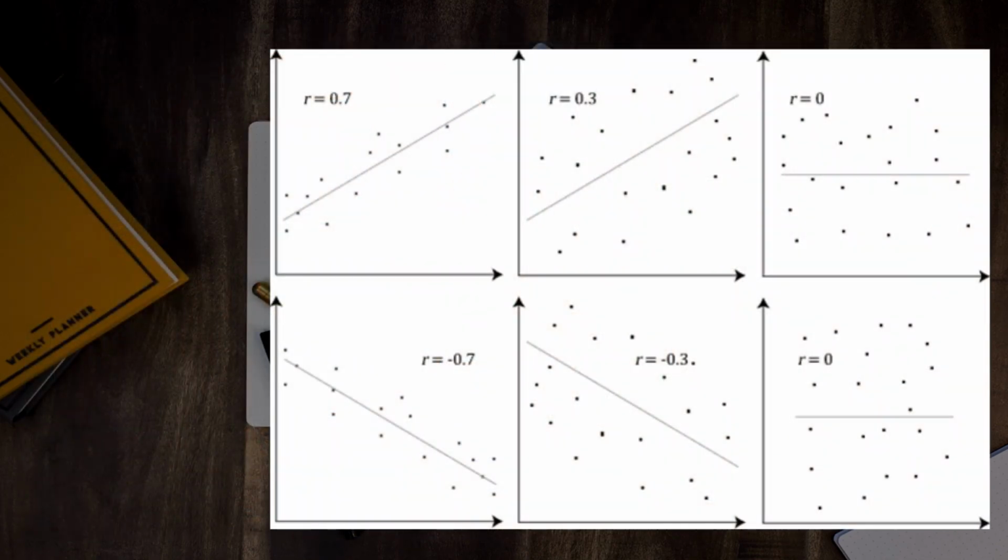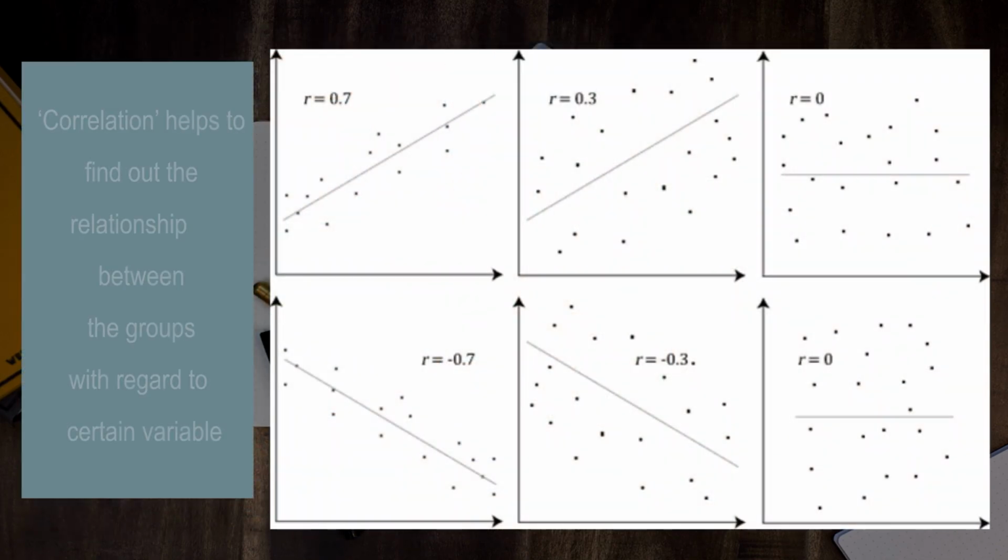And further, we can also use statistics like correlation, which helps to find out the relationship between the groups with regard to certain variables. So if you want to know the relationship between two groups so far as a certain variable is concerned, take the example of achievement.